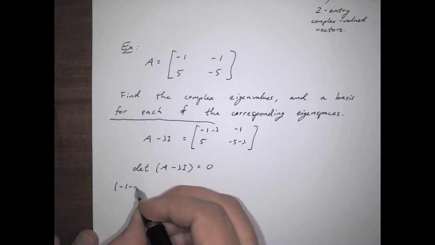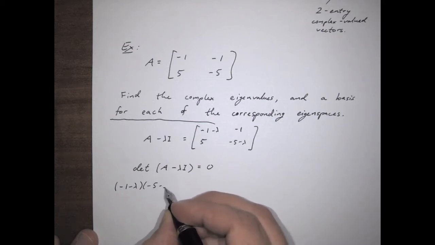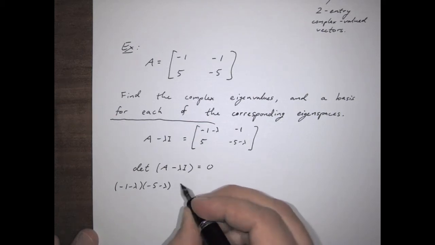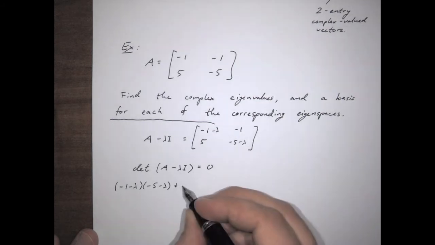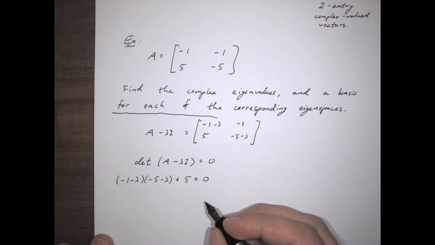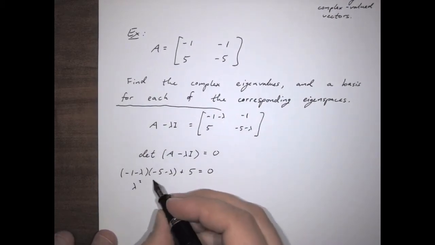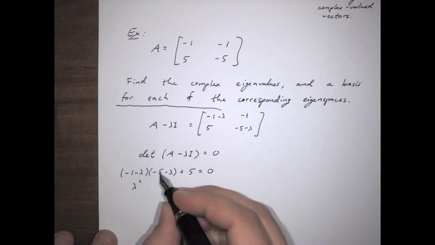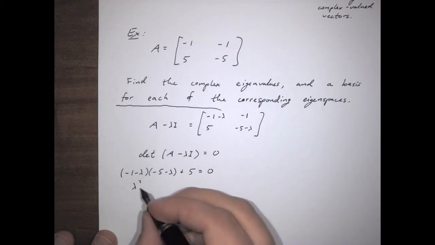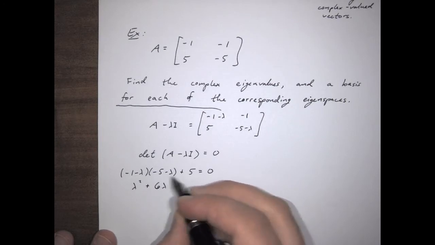So negative 1 minus lambda times negative 5 minus lambda plus 5 equals 0. And then this is going to be a lambda squared. It's going to be plus 5 plus 1, so it's plus 6 lambda.